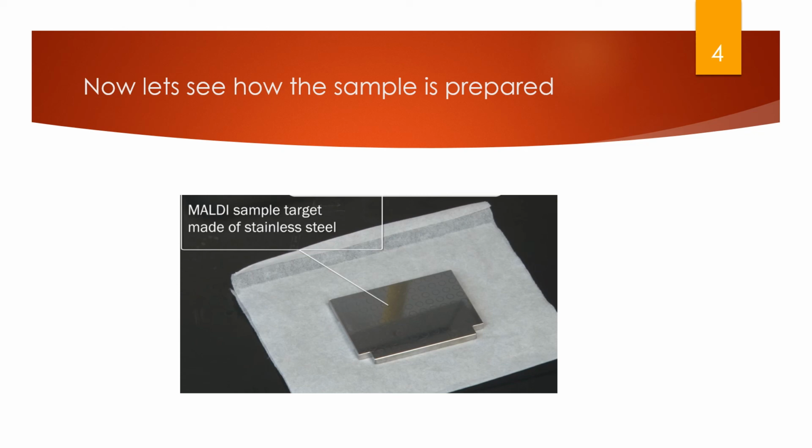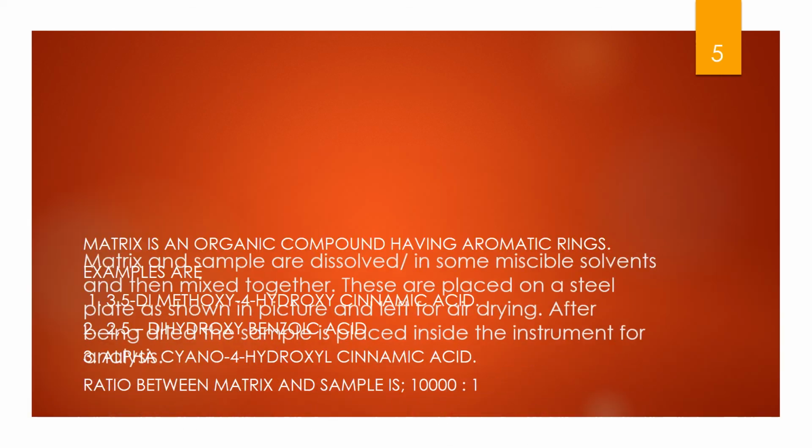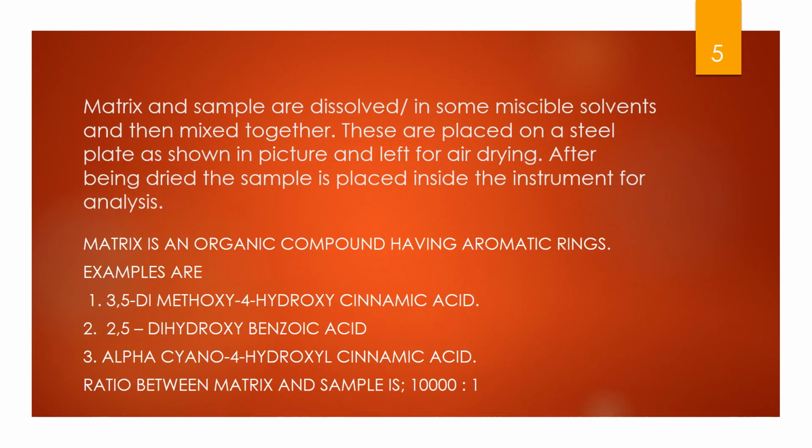After the sample has totally dried, the remaining crystalline material is used for analysis. Matrix and sample are dissolved in miscible solvents and then mixed together. These are placed on a steel plate as shown in the picture and left for air drying. After being dried, the sample is placed inside the instrument for analysis.